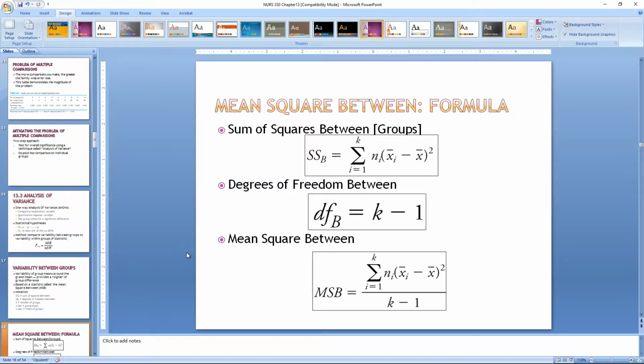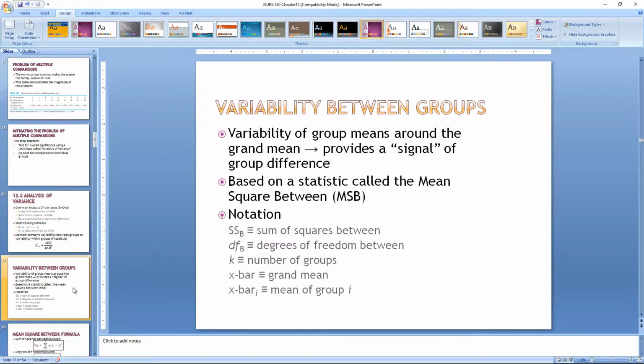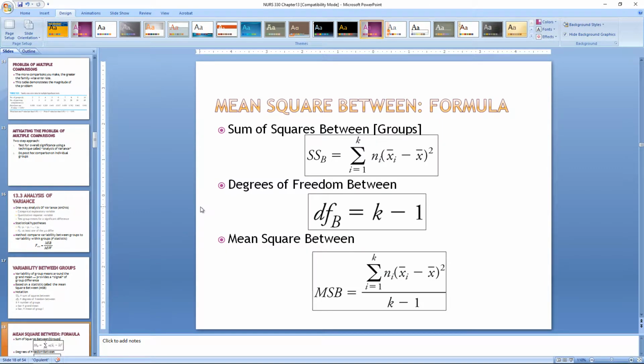Mean squared between formulas. Once again, we just went over the notations: SS subscript B, DF subscript B, K, X bar, X I. The formulas associated with mean squared between are as follows.